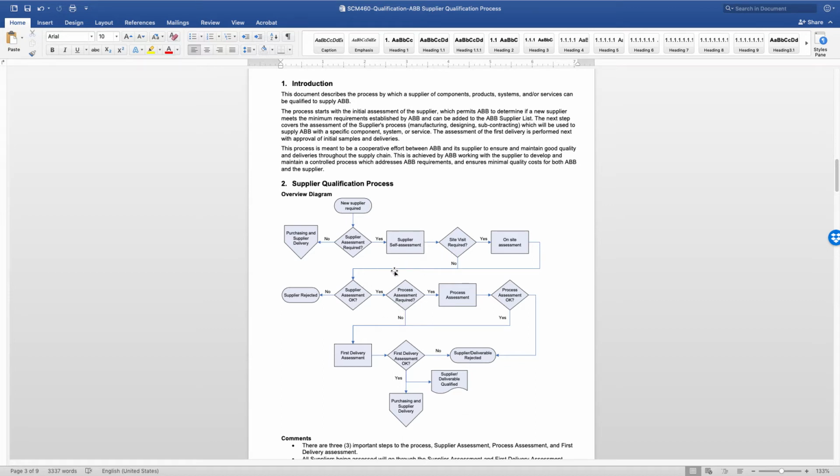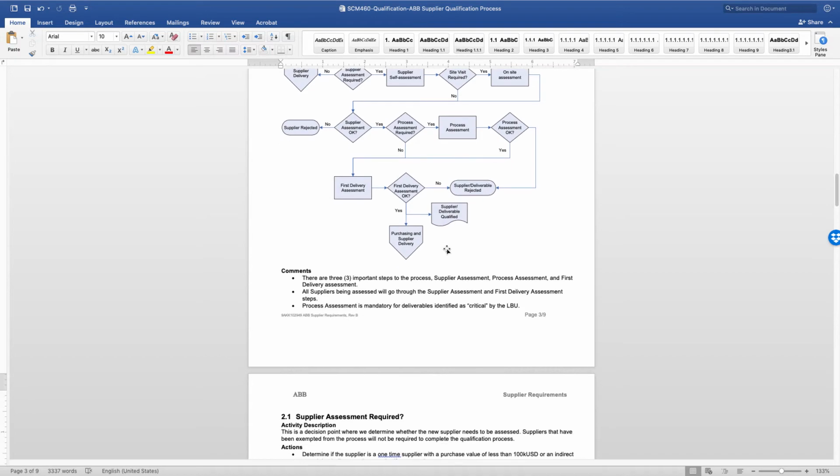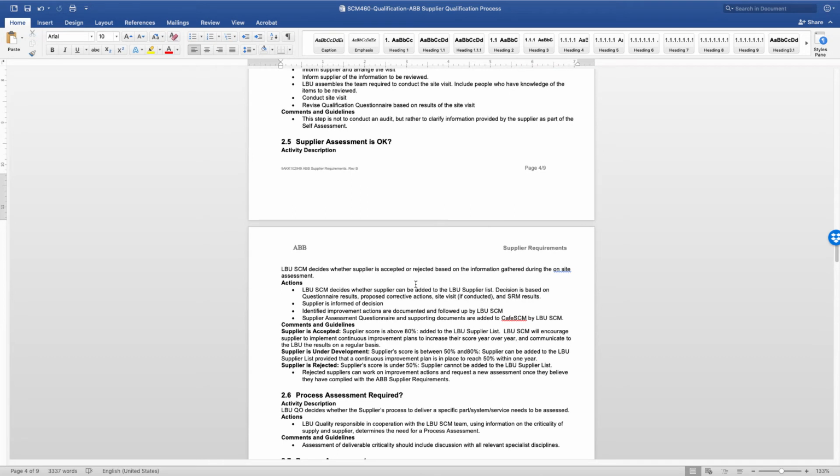Yes, the supplier is assessed, but are we able to say if its production processes are suitable or not, or are, let's say, at the standard of ABB requirements, yes or no? If no, we are not sure, and the supplier assessment is okay.